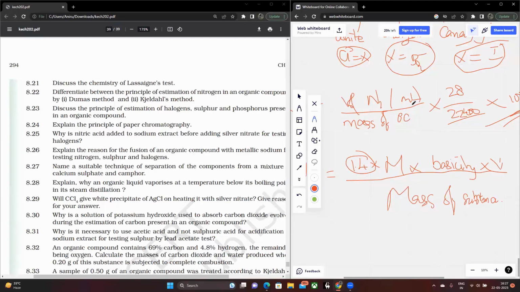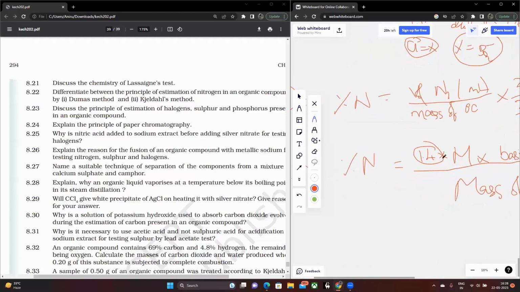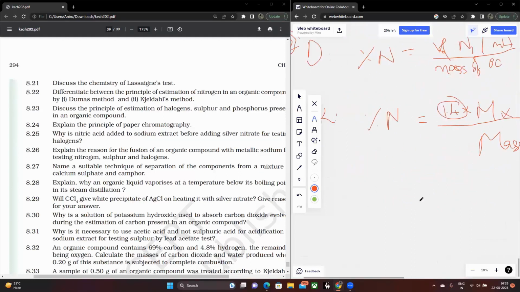This 1.4 comes from the nitrogen and the into 100 that you do. This is for conversion of the moles into grams, because gram by gram can only be a percentage.